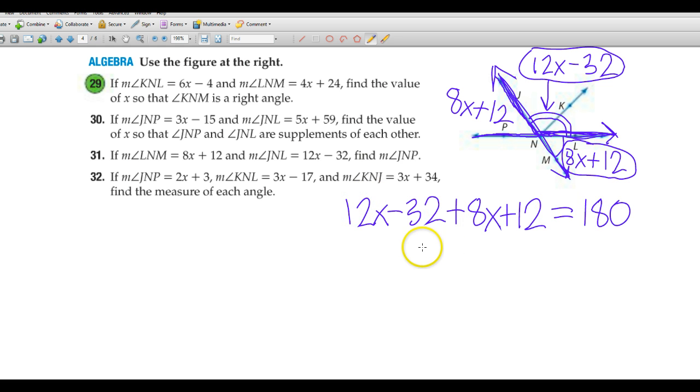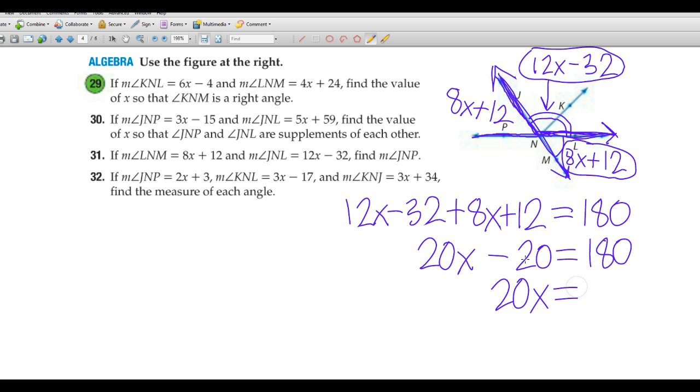So combine your like terms. Add 20. And divide by 20. So x is equal to 10.